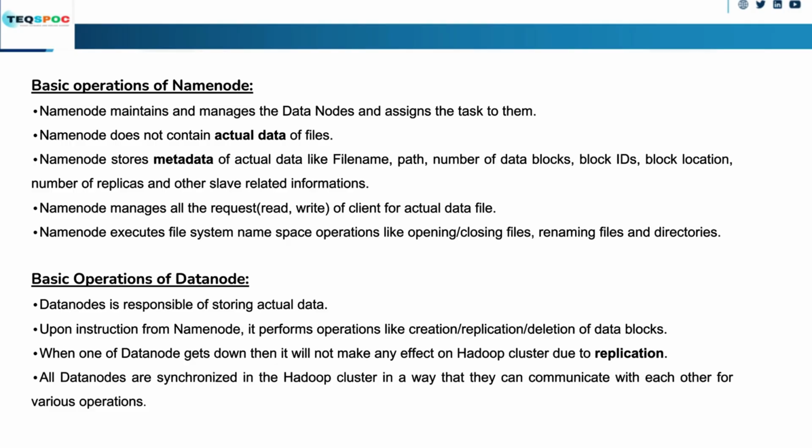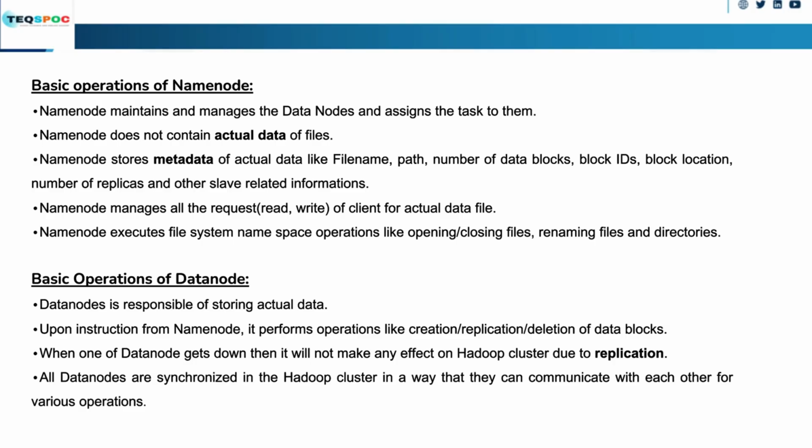So if I want to modify any file or directory inside the Hadoop cluster, obviously NameNode will allow it or instruct it first, and only then will this happen. Each and every operation that the client, or me, tries to perform will go via NameNode only. Once the NameNode allows, then only the data node will carry out the same operation.